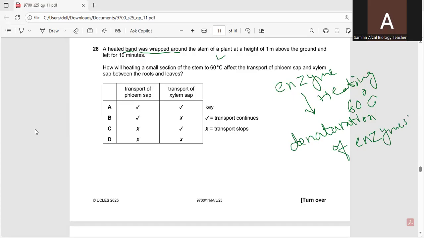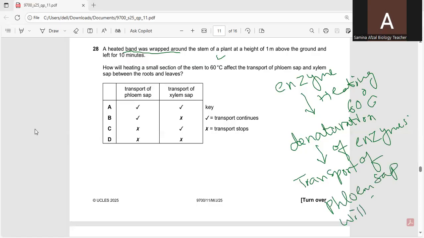The transport of phloem sap will stop. Whereas the transport of xylem is a passive process.